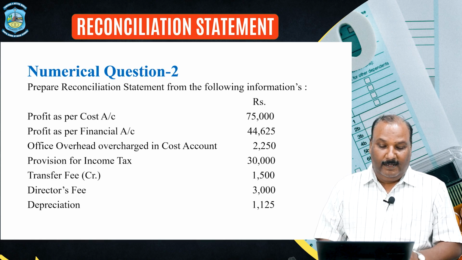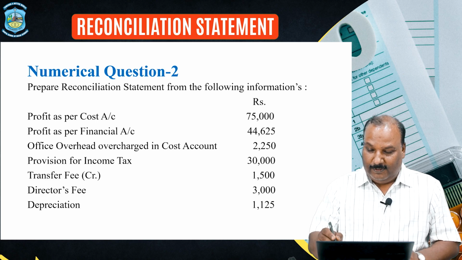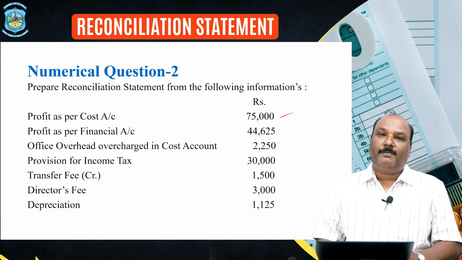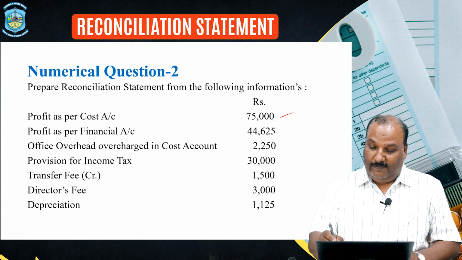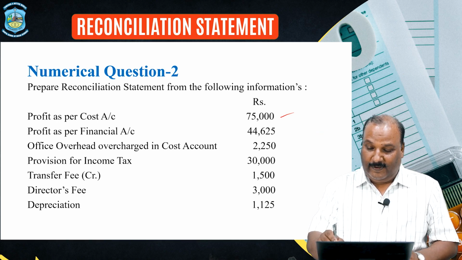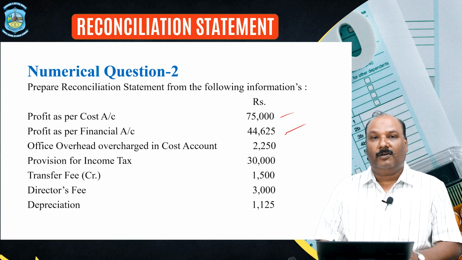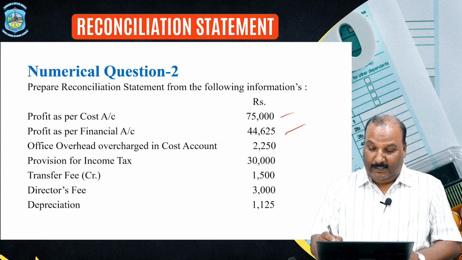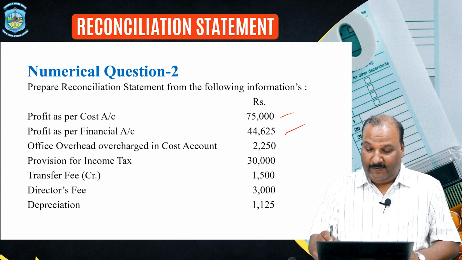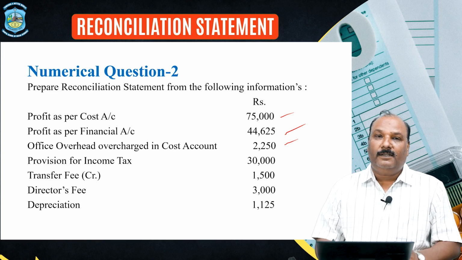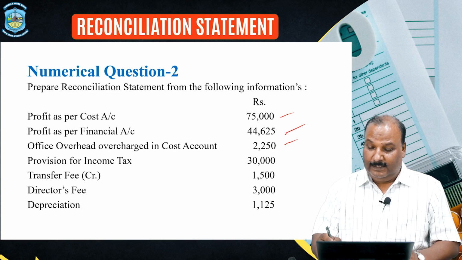Information given: profit as per cost book is 75,000 rupees. Profit as per financial book, 44,625 rupees. Office overheads overcharged in cost account, that is 2,250 rupees. Provision for income tax, 30,000 rupees.